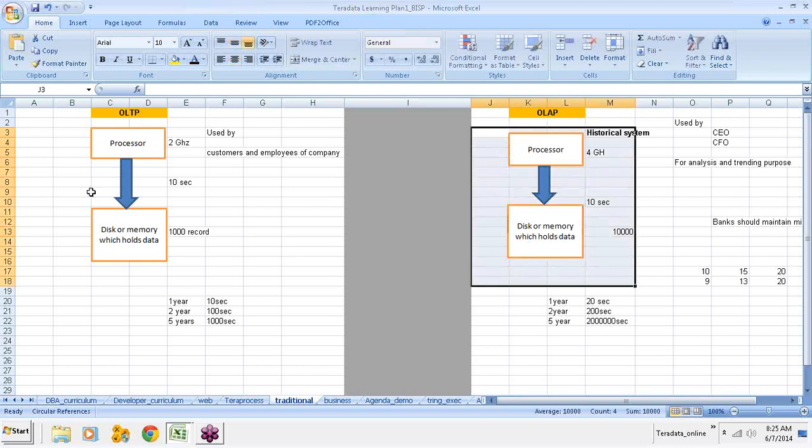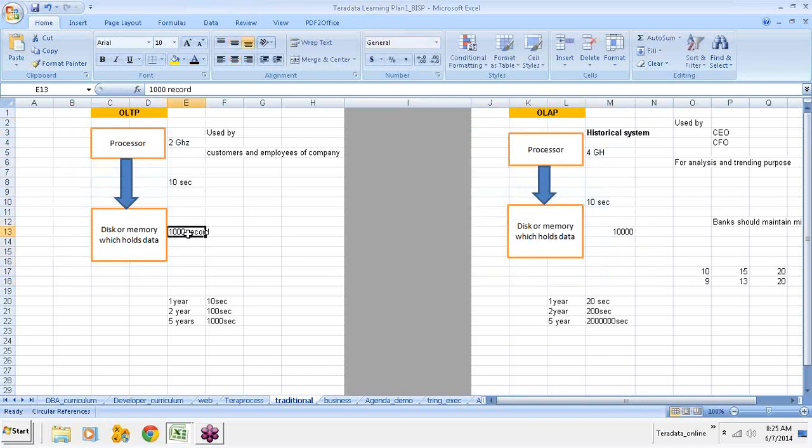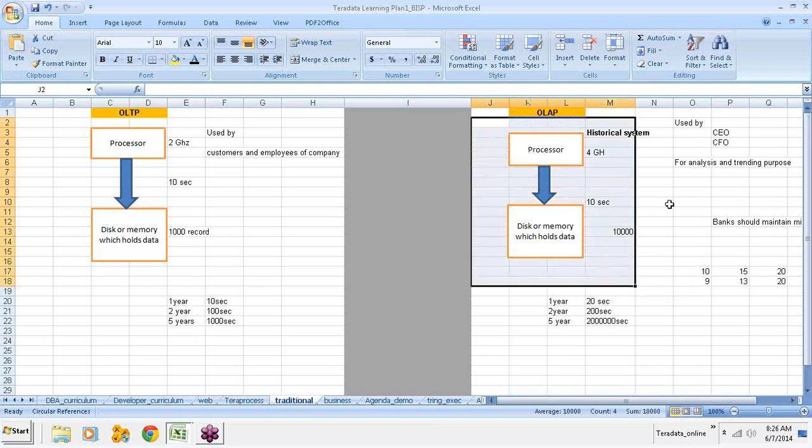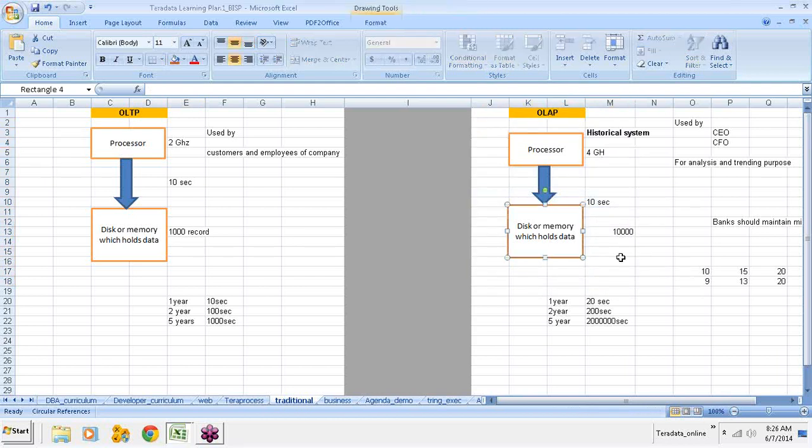But here it is historical processing of the data, so it could be a more sophisticated machine. Let's say we have a 4 gigahertz processor, and we may have a lot of GBs or TBs of data to store. And for example, here if it has 10,000 records, the processor of 4 gigahertz can process it within 10 seconds. Let's assume. Then, how about the data growth here?